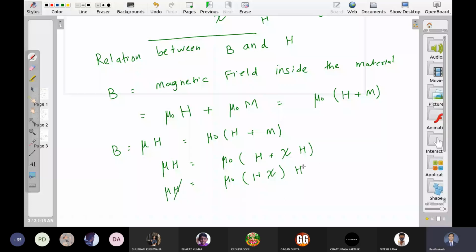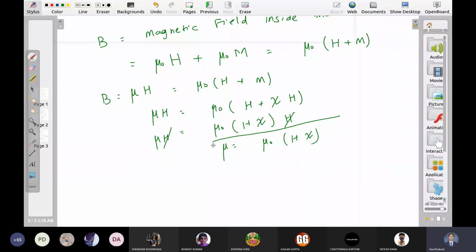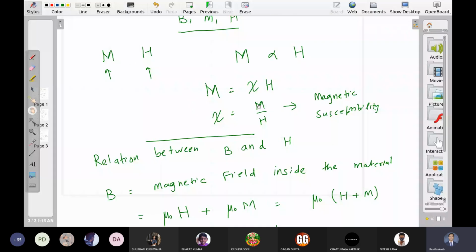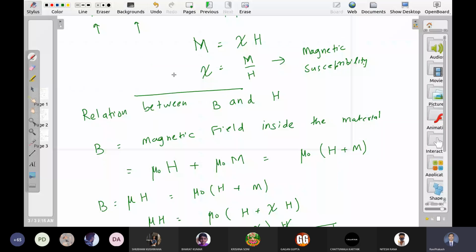Mu is equal to mu naught (1 plus chi). So these parameters are connected to each other, and this is expected also. Once we know any parameter which connects the external field to the internal field, we can calculate all the quantities. So this formula gives us the connection between what is going on outside the material and what is going on inside the material. This mu also represents the same thing in a different manner, and that is why these two things are connected.